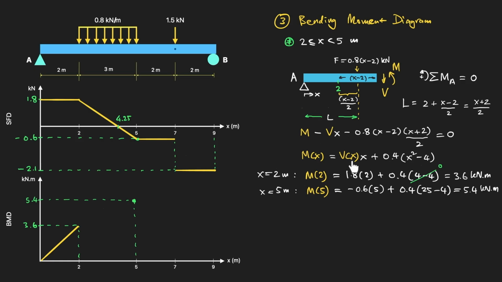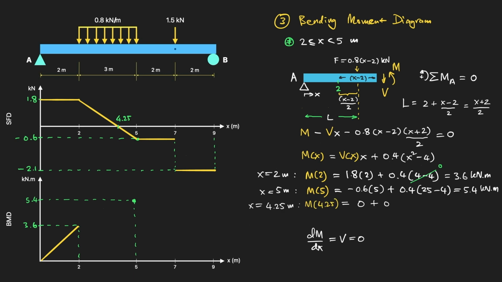Notice here that we have a quadratic equation, so the curve cannot be a straight line between these two values, but will be a parabolic curve. So between these 2 and 5 meters, where is the position of the maximum value? As we have discussed before, this must be when the shear is 0, which is at x equals 4.25 meters. So for x equals 4.25 meters, V is 0.